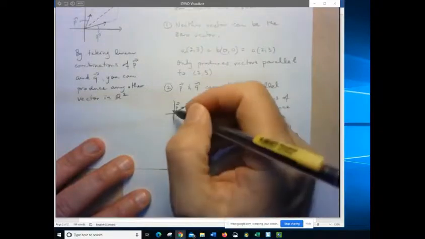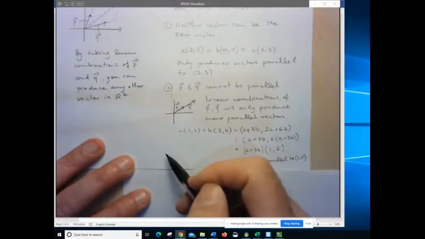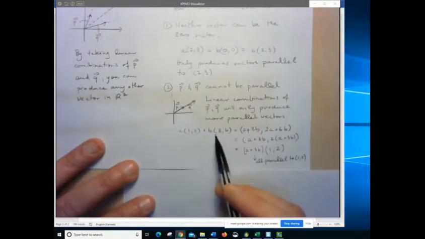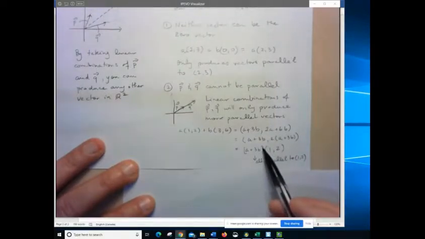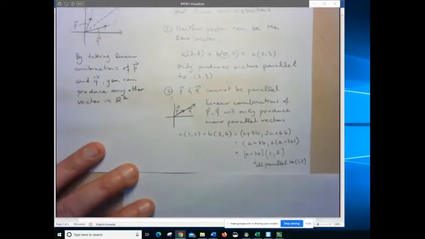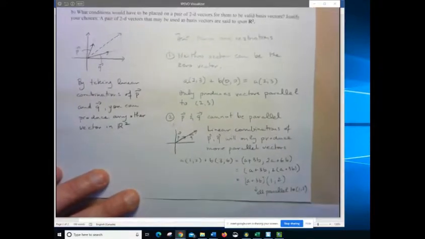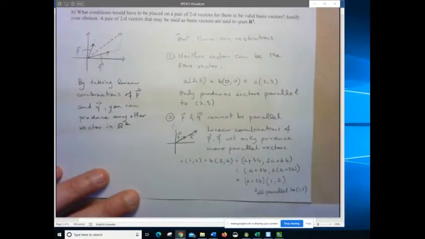There's no way I could describe that vector using vectors P and Q. Okay, and I give an example here. (1, 2) and (3, 6) are parallel to each other. When I simplify this, I can just always write it as some multiple, because A and B are just numbers, of the vector (1, 2). So what this tells us is that any vectors can act as basis vectors as long as they're non-zero and the two vectors are not parallel.